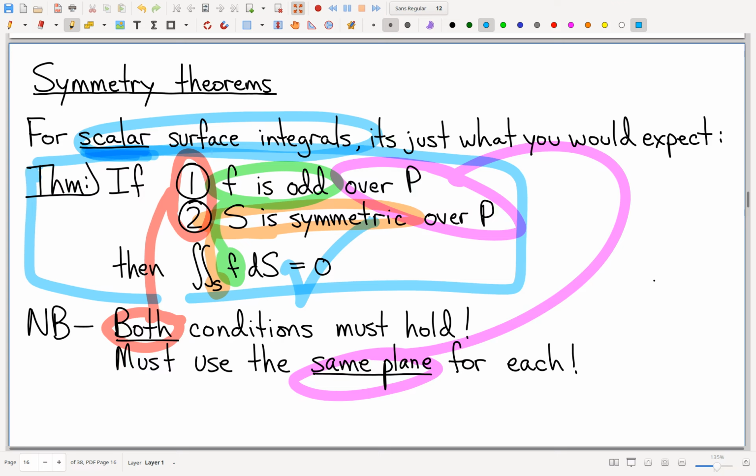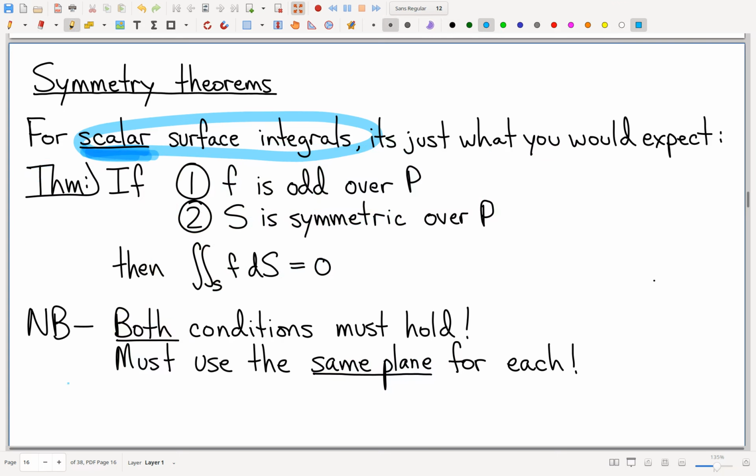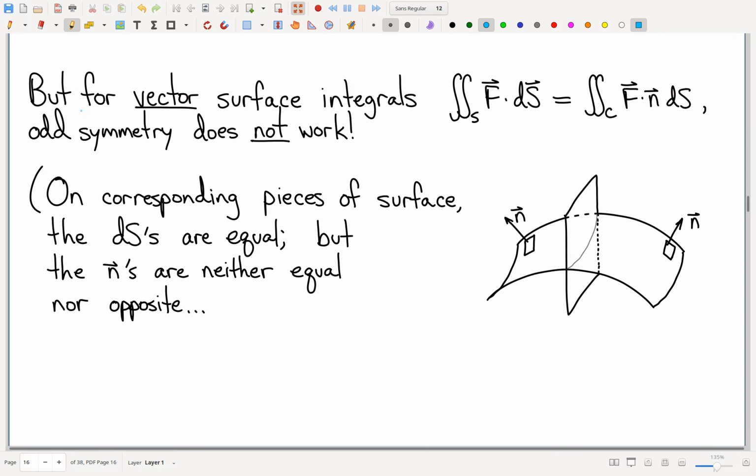You'll remember when we were talking about scalar line integrals, we made this same emphasis that it's only for scalar line integrals. And you see here we're making the same emphasis: this is only for scalar surface integrals. Why can't we do it for vector surface integrals?